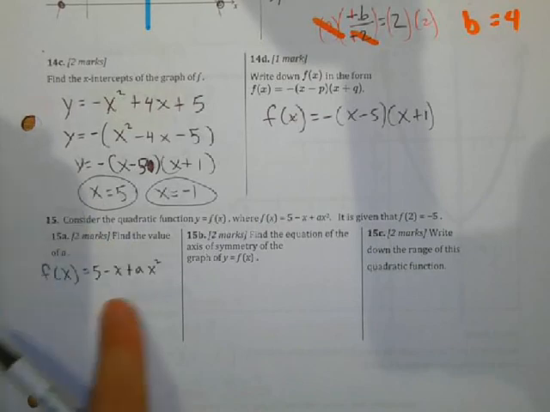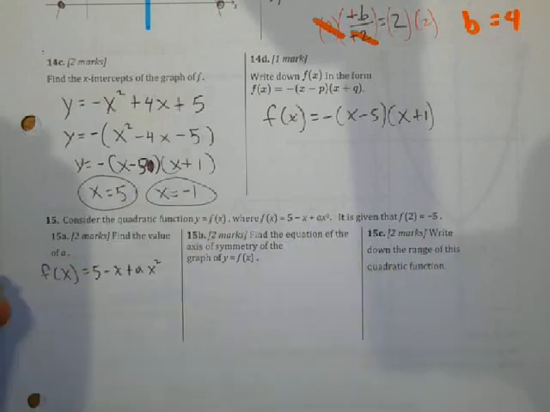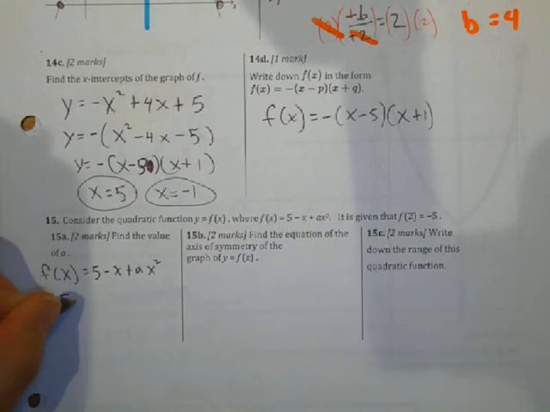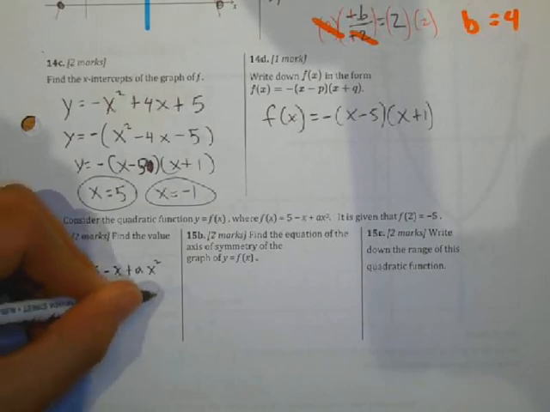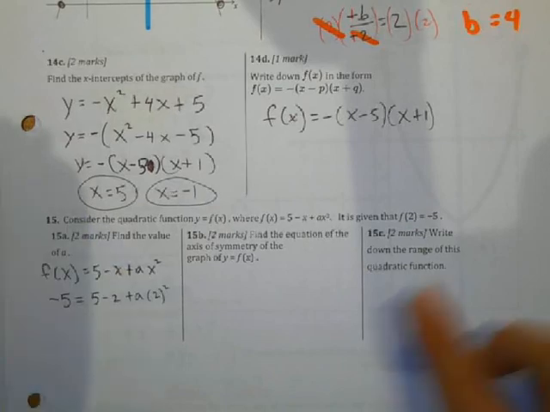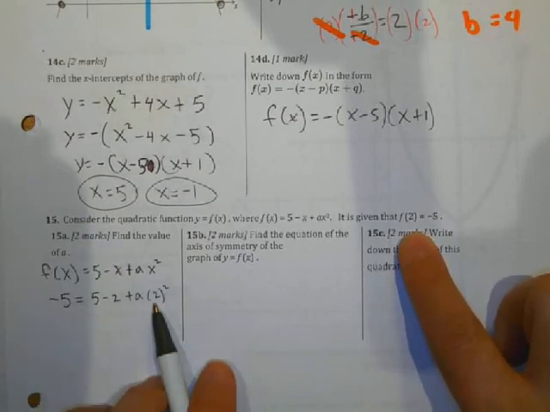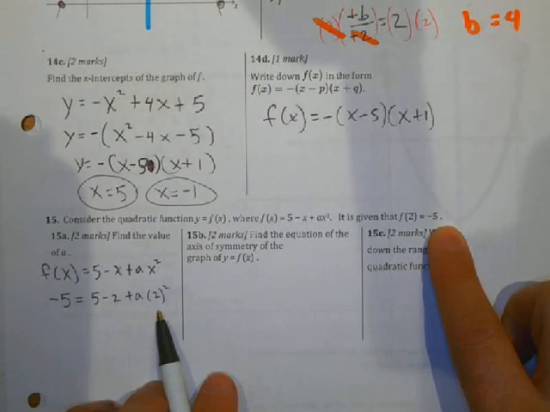And so when x is 2, y is negative 5. So now I can solve for a.